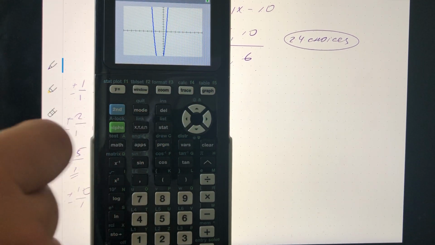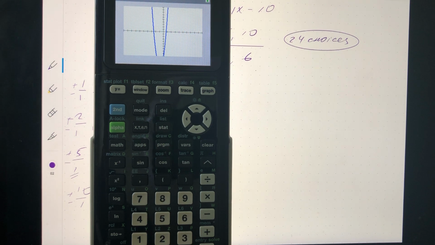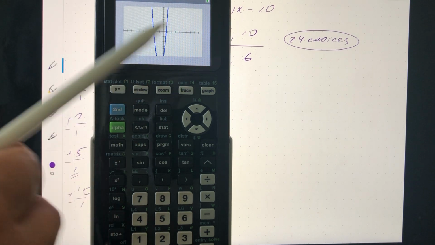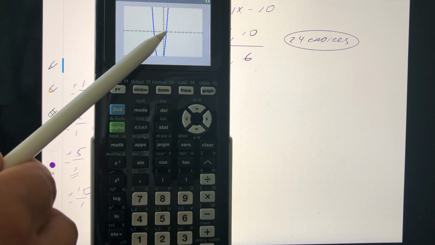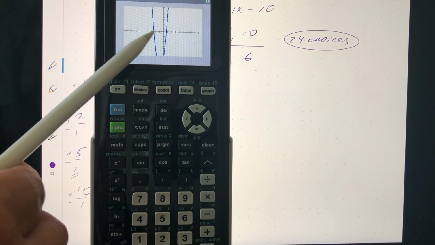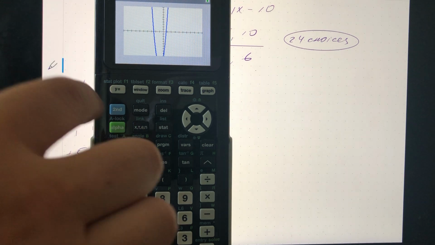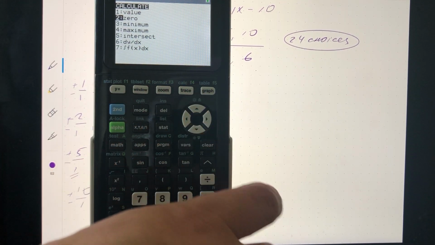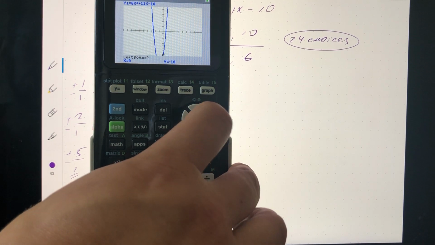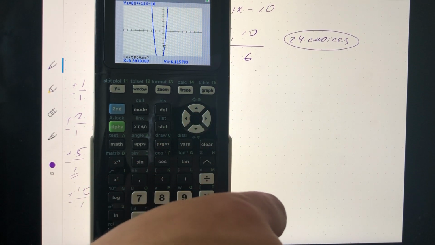We can see from the picture, in the standard window from minus 10 to 10 counting by ones, that this number is a little bit shy of plus 1, and this one is somewhere between -2 and -3. We can use the calculator to get a better guess. Let's get 0 and find the positive one.